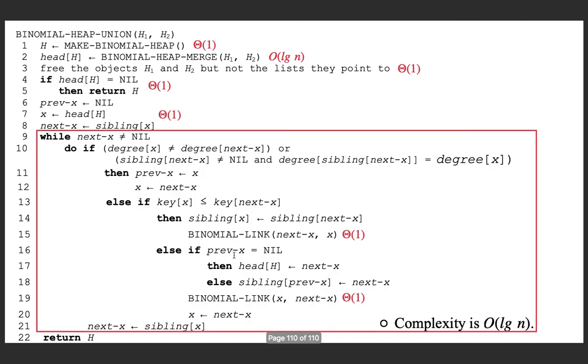It's because you are calling this order of 1 operation log n times, because the maximum number of trees in the linked list is log n. So in the loop it's only order of 1 operations invoked a maximum of log n times. So the complexity of binomial heap union is log n.